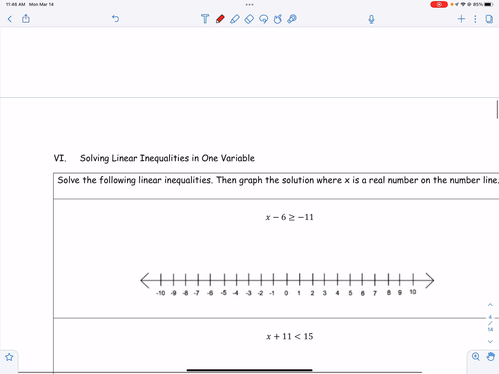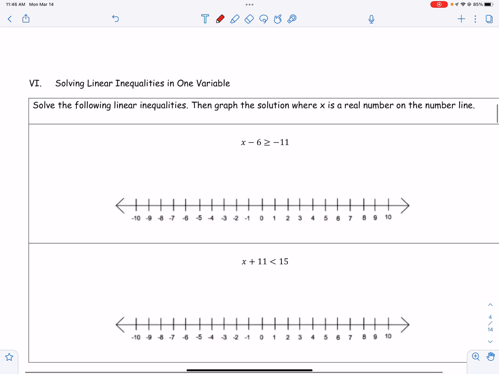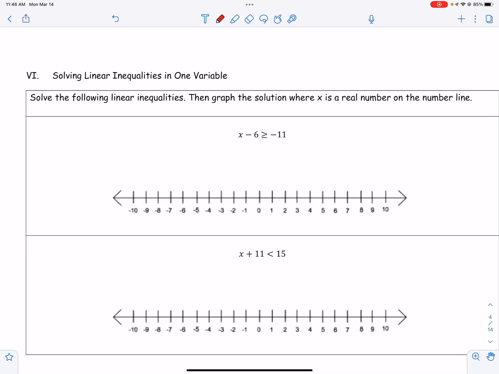Now to solve a linear inequality, just like an equation, whatever we do to the left side of the inequality, we have to do to the right side of the inequality. But unlike an equation, we always want our variable on the left, followed by our inequality symbol, followed by our number. That's the order that we want.